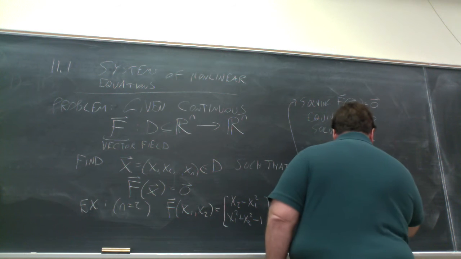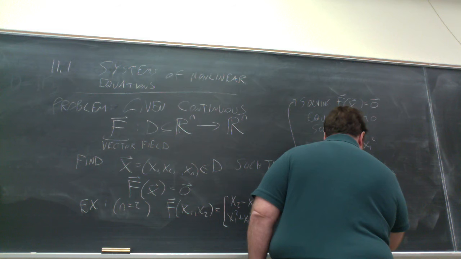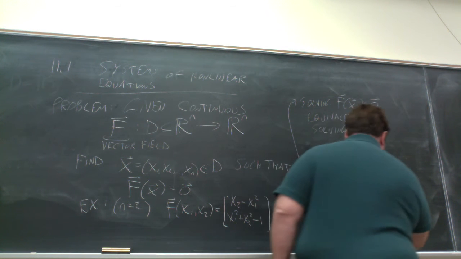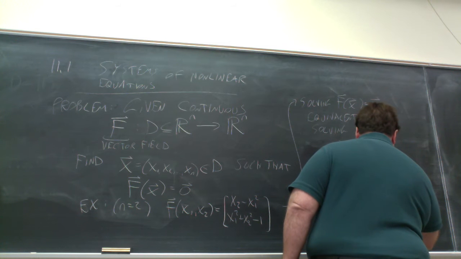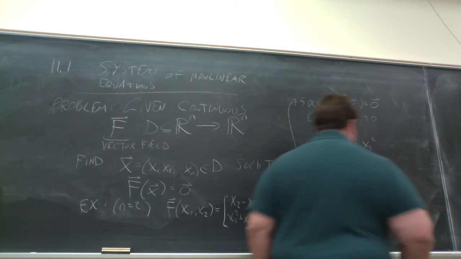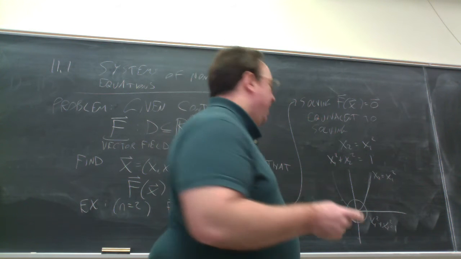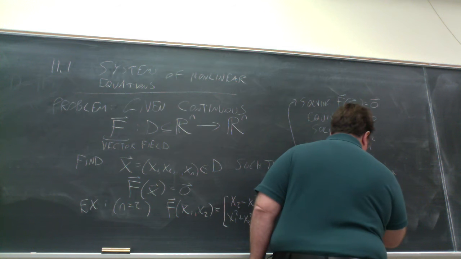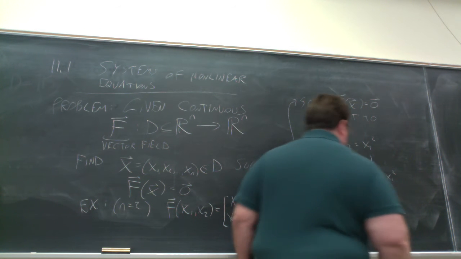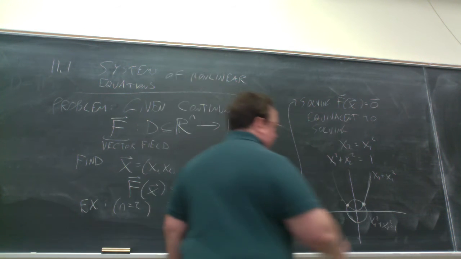So I'll give you a badly drawn circle. A little better, maybe. Not really. So this is x1 squared plus x2 squared equal 1. And we can see where they intersect. And they have two intersections. This one here in the first quadrant, and this one in the second quadrant.